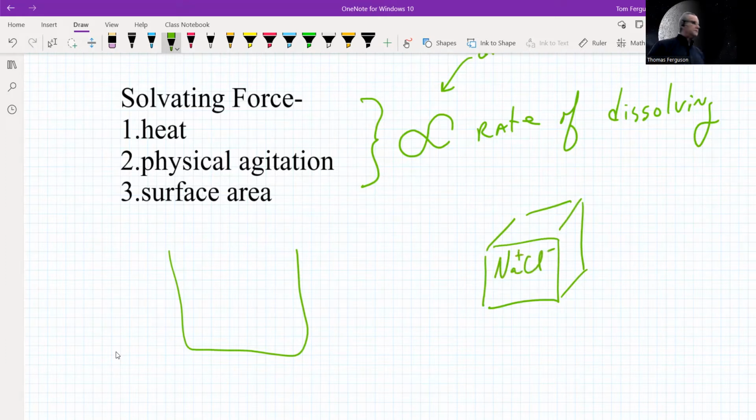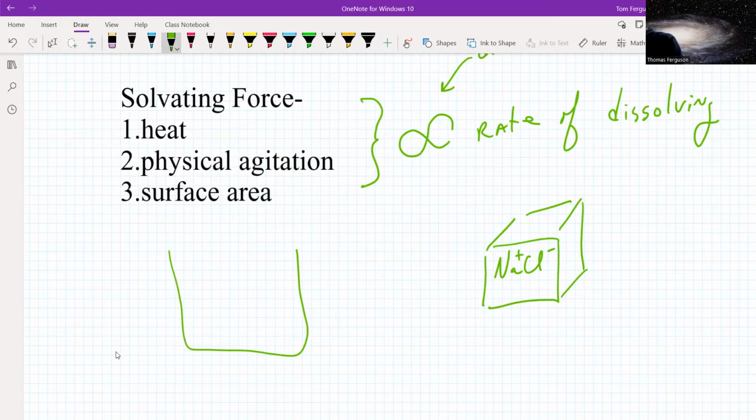Let's look at a crystal of sodium chloride. Now, the way that sodium chloride is dissolved is water molecules will hit it. And if it hits it and there's an attraction, when it comes off the crystal, it will pull the sodium ion with it.